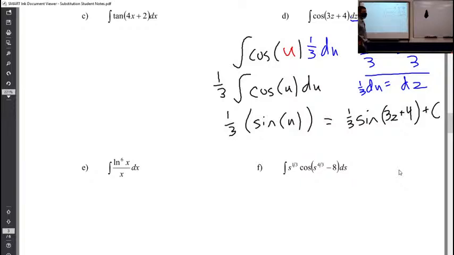In other words, will du be substituted for something that is somewhere else in the problem? And it's okay if you try something for u and it doesn't work at first, and you've got to try it again. We're just starting to put together the pieces and testing things out for different problems.